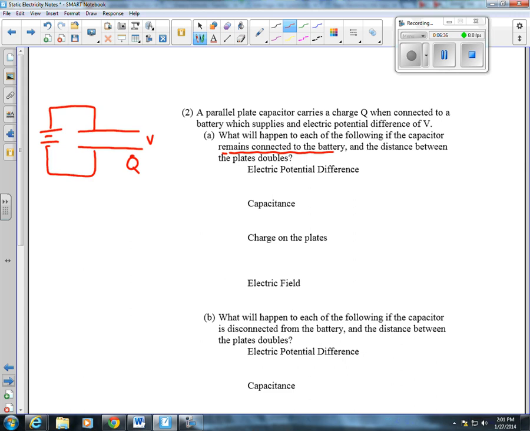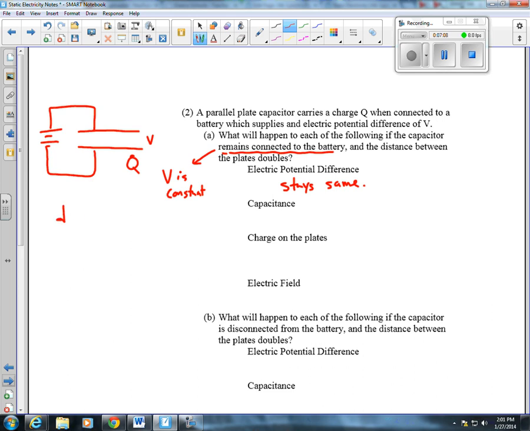Now, the trick is, when it says remains connected to the battery, the battery is providing the voltage. If it's a 1.5 volt battery, the voltage is going to be 1.5. If it stays connected, that means V is going to stay the same. So my electric potential difference is going to be the same.